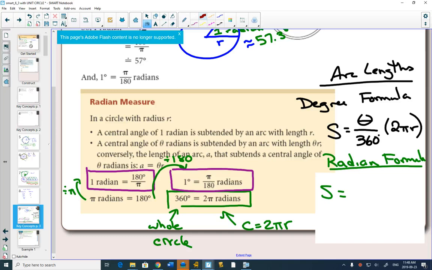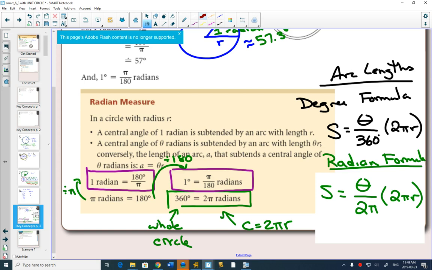So I'm still going to have theta out of, but instead of out of 360 degrees, if I'm dealing in radians, I'll have theta out of 2 pi, because that's how many radians are in a circle. And then that's the portion of the circumference that I have.